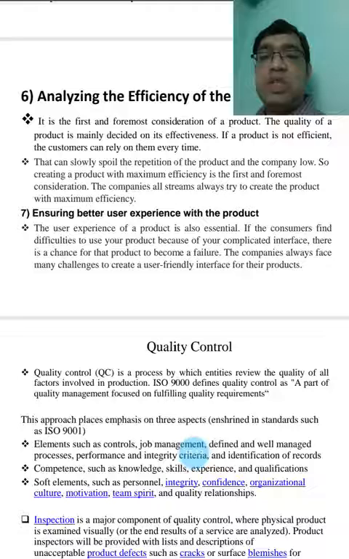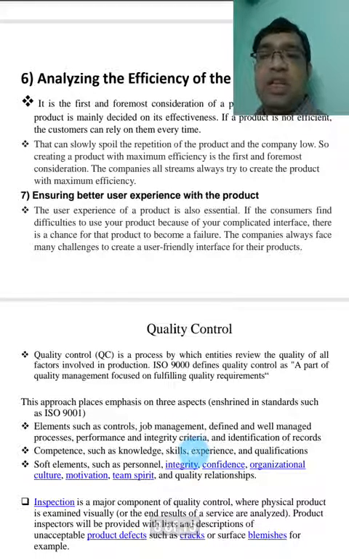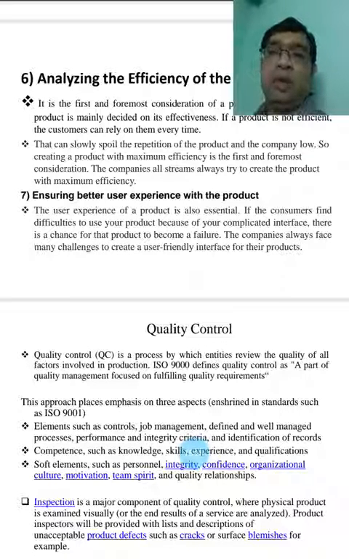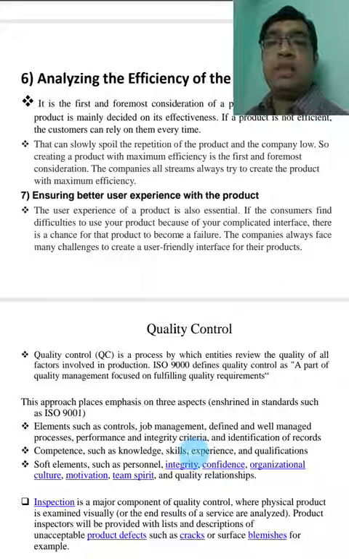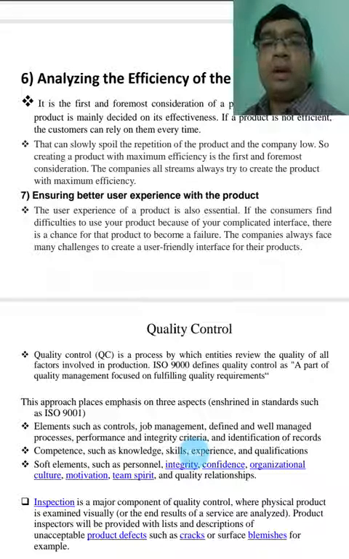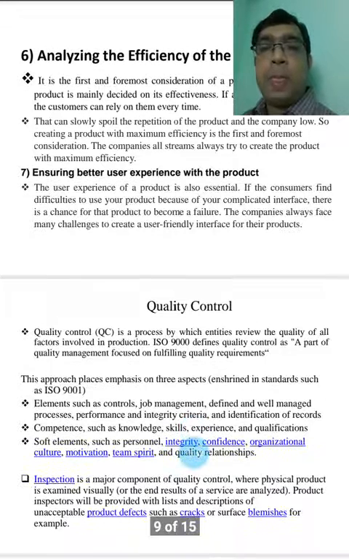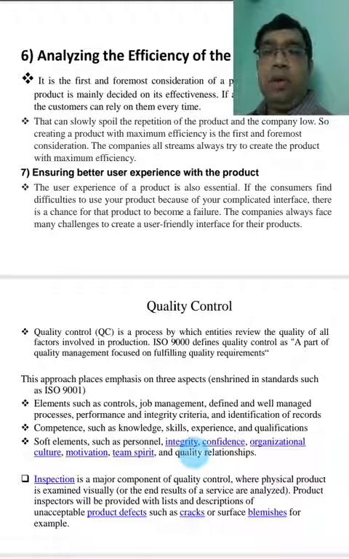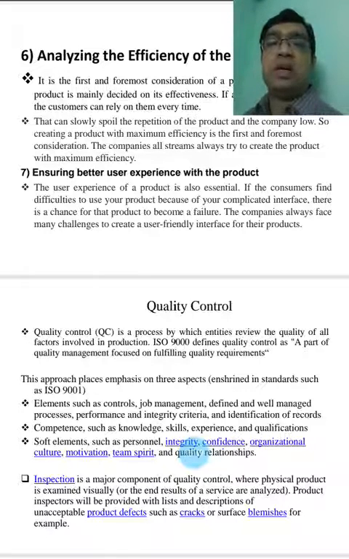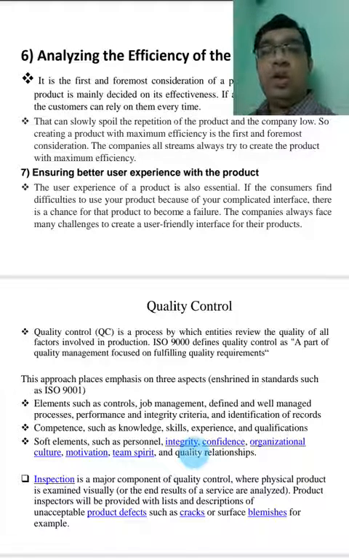The user experience of a product is also essential. If the consumers find difficulties using your product because of a complicated interface, we can see one person who can easily use a keypad phone, but he cannot use a smartphone, and operating it will be difficult for the first person who is used to the keypad phone.